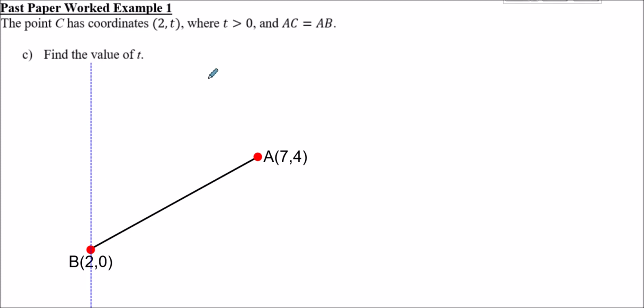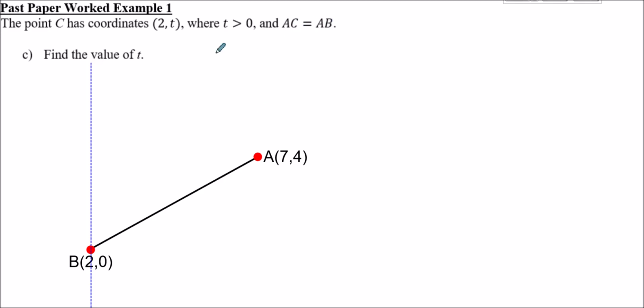Another thing we're told, though, is wherever C is, the distance from A to C has to be the distance from A to B as well. So in other words, if we were to do a triangle, the side AB would have to be the same length as the side from A to C. And so ABC would have to be an isosceles triangle with two sides equal, these sides equal.